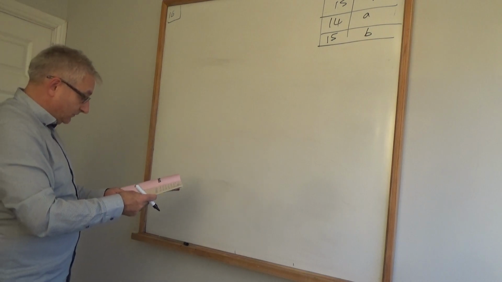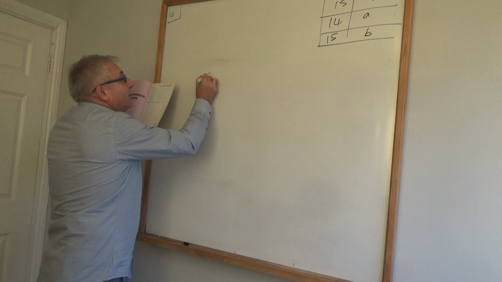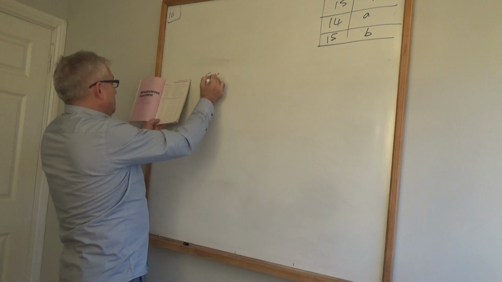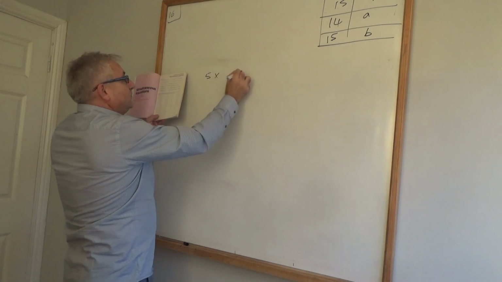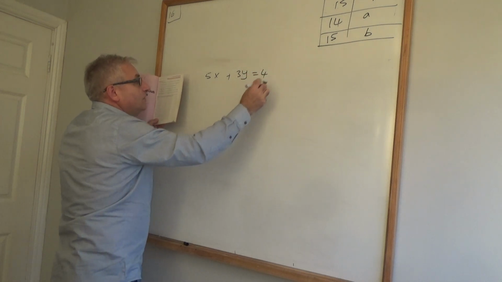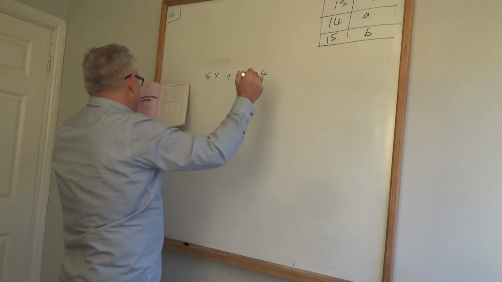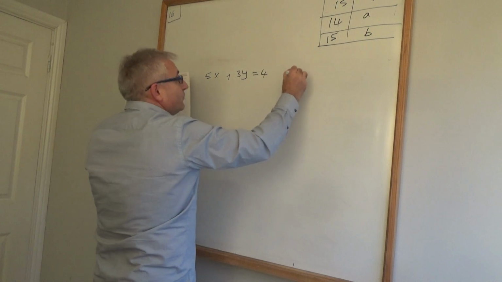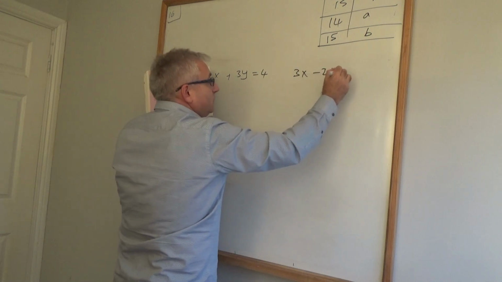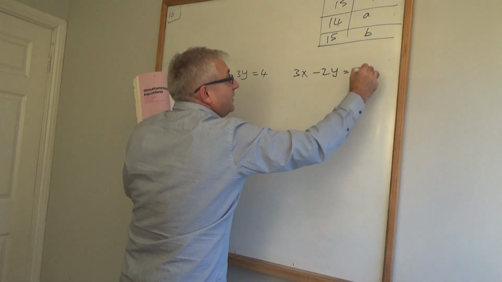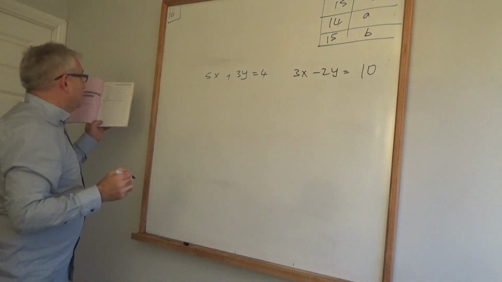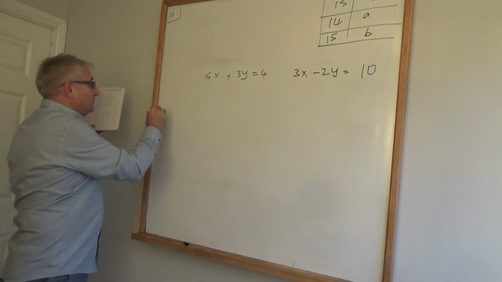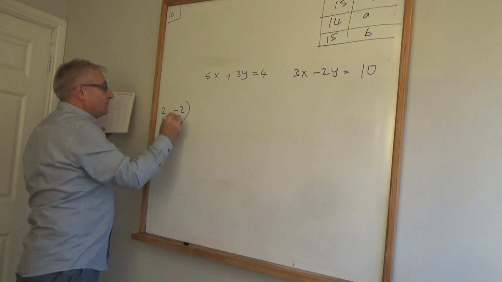Okay, so we've moved to 16, and I'm going to go 5x plus 3y equals 4, and 3x minus 2y equals 10. And my first candidate solution is the numbers 2, -2.